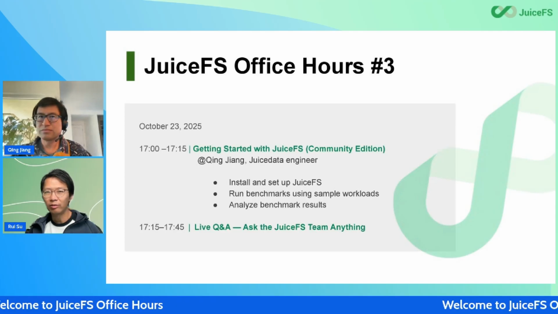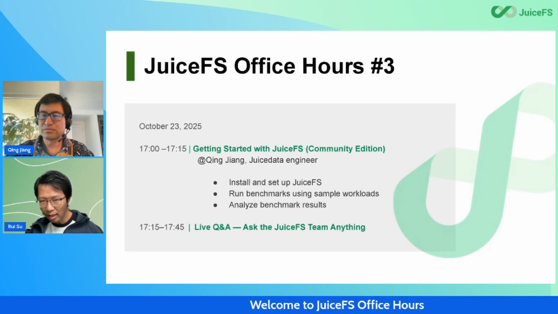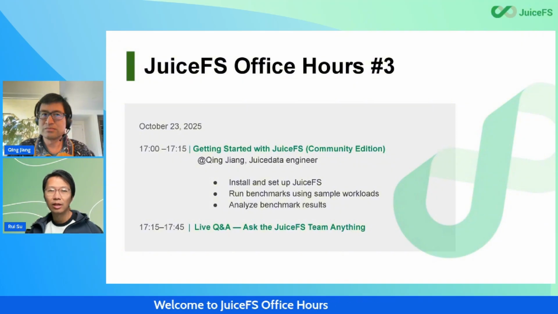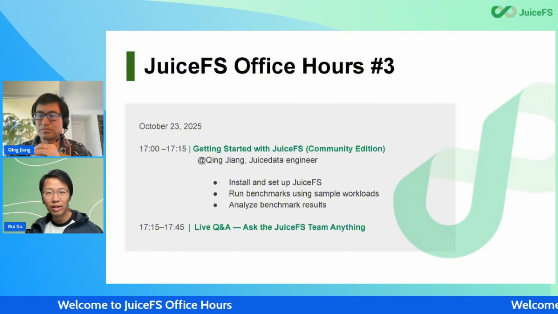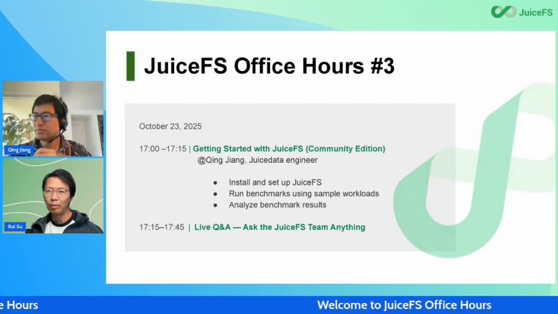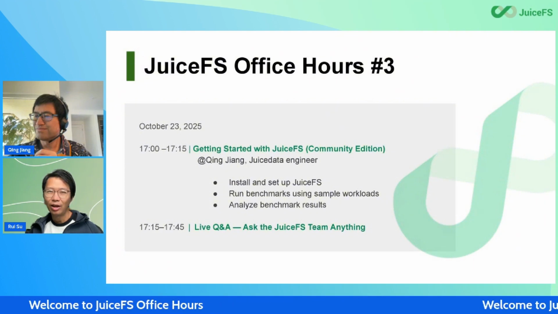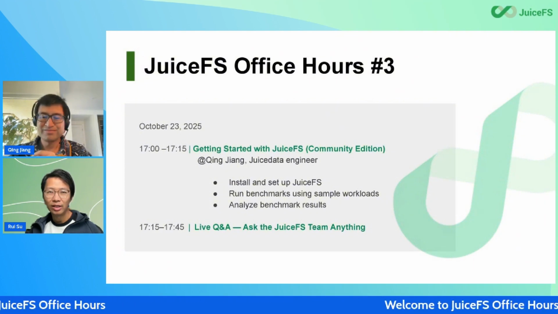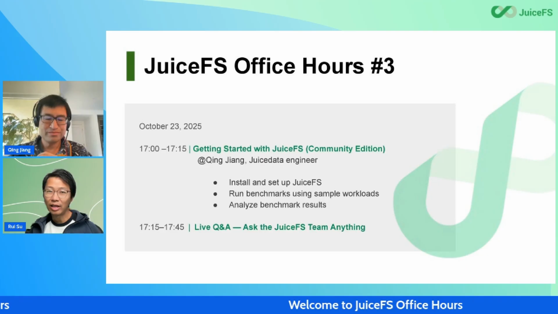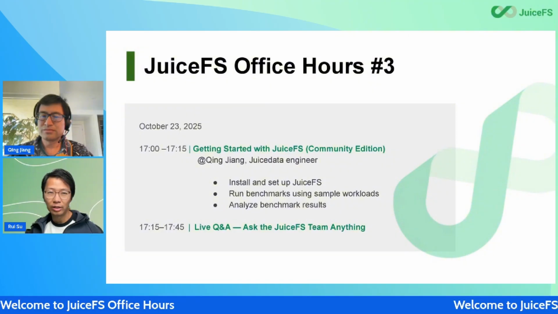From our observation, about 20% of deployments are in the United States. Our cloud service is currently going through a SOC 2 compliance audit. We expect to complete it before Christmas, or maybe even sooner. And Enterprise Edition gives you full flexibility to deploy wherever you want, on-prem or across cloud.